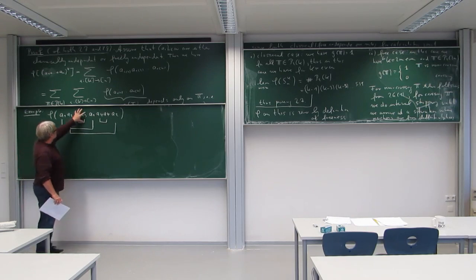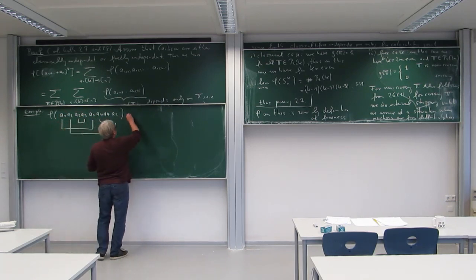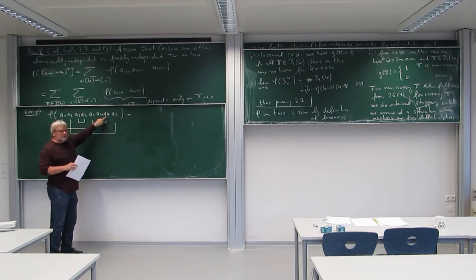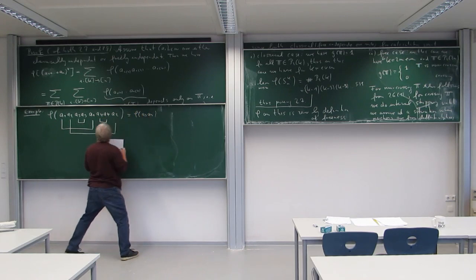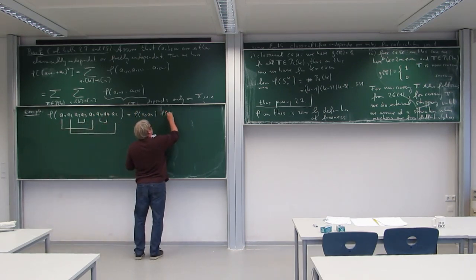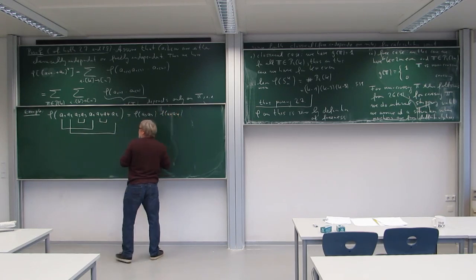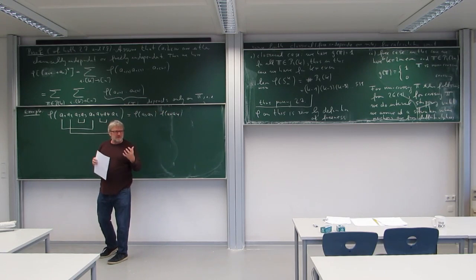Here again, we have the situation that this product doesn't show up anymore at other places. So this just factorizes into phi of this times phi of the rest, and the same for this guy. So we can also take this out. So what we get is phi of A3, A3, we're taking this out, and then we're also taking this out, times phi of A4, A4, but then we are left with a situation where we cannot take out neighboring pairs anymore.